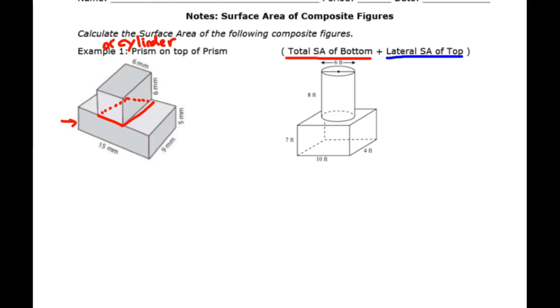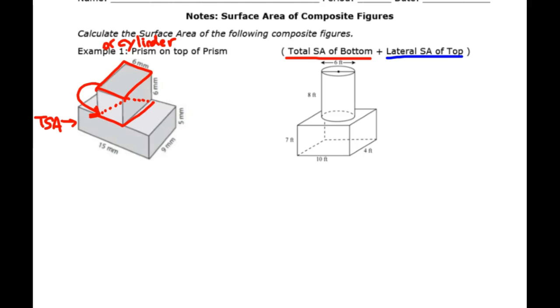We're going to borrow a rectangle that is way up here. Does everyone see there's a rectangle up top? I want you to imagine that you take that rectangle and you place it down there. If I could actually replace that rectangle, then I would have the total surface area of the bottom prism. TSA of the bottom.